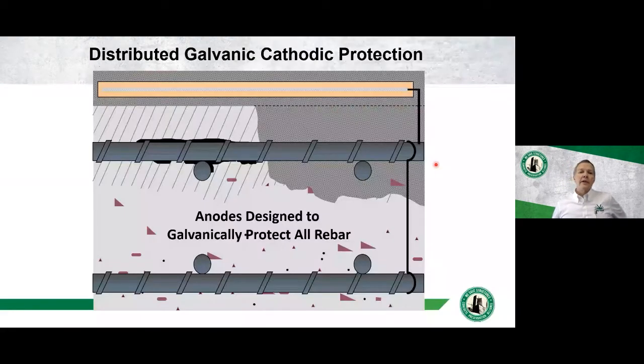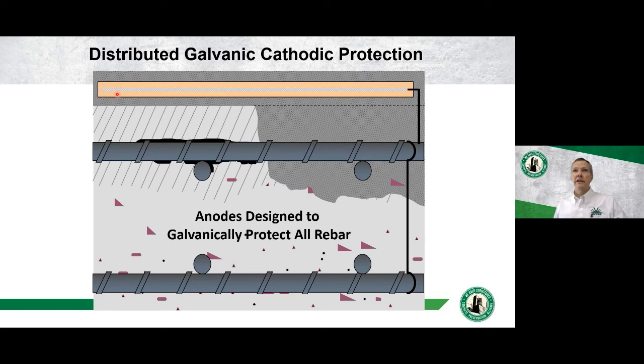Okay, the other type of galvanic systems that are out there are distributed galvanic systems, and these are more generally used for cathodic protection type applications. In these applications, distributed systems are installed covering the entirety of the structure or entire sections of the structure.